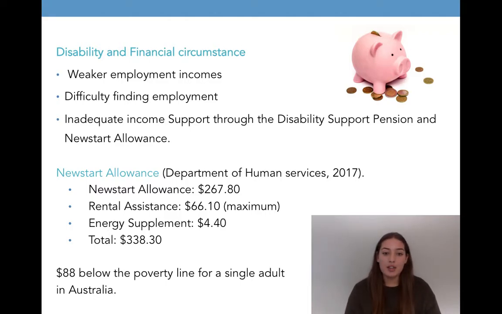In December 2013, the difference between these two payment types, disability support pension and the New Start allowance, was $158.70. When taking into account the additional costs associated with mental disability, including social support and care, medication and services, and transportation costs, a drop of this amount has a significant impact on quality of life, and it has the potential to push an individual with a mental disability into poverty. Evidently, it is easy to see the flow-on effect of lack of resources, deprivation, social exclusion, and discrimination on poverty.